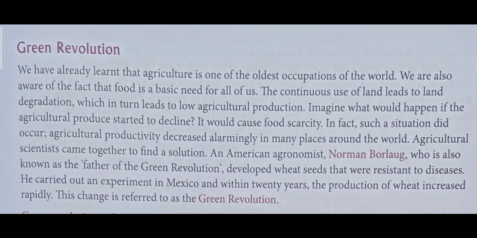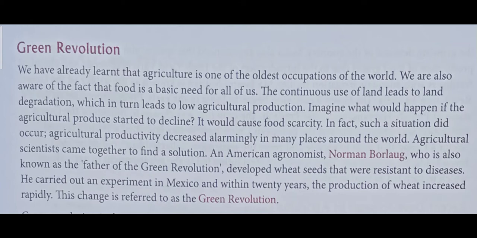As we have already learned, agriculture is one of the oldest occupations of the world. From the nomadic period, people used to do agriculture. We are also aware of the fact that food is the basic need for all of us, and the continuous use of land leads to land degradation, which means it is making the land less fertile for agricultural purposes.